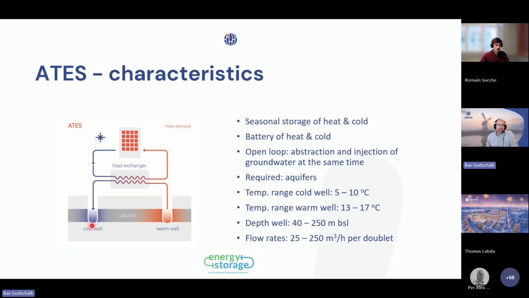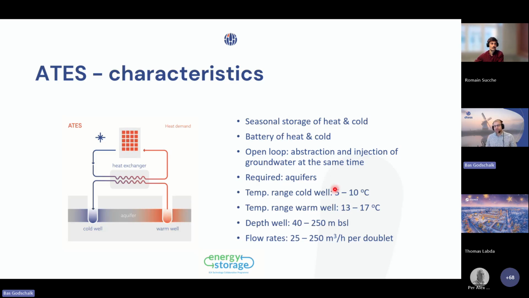And in the warm season, in the summertime, you abstract from the cold well and you can cool down the building and you return the warm water in the warm well. And by doing this, you create 2 bubbles, one with warm water, one with cold water, which can be used in the next season. So the ATES is in fact a battery of heat and cold.